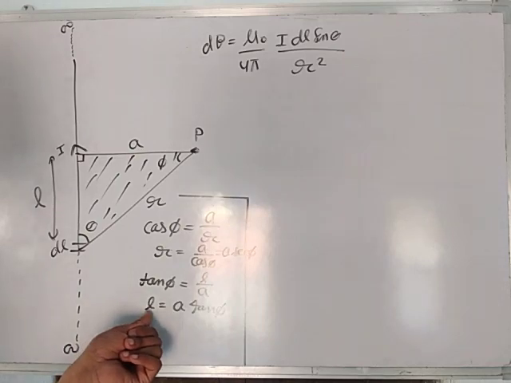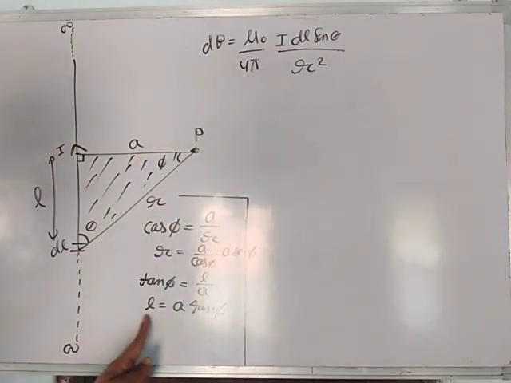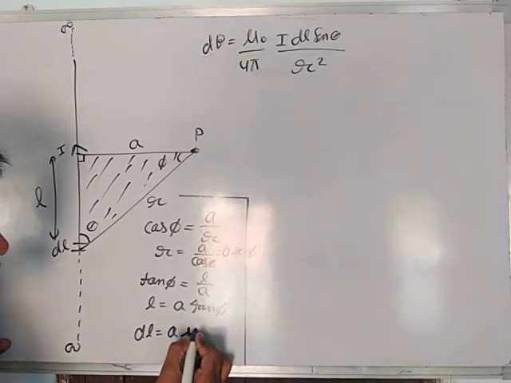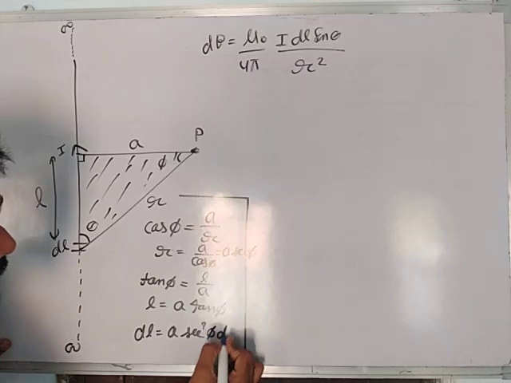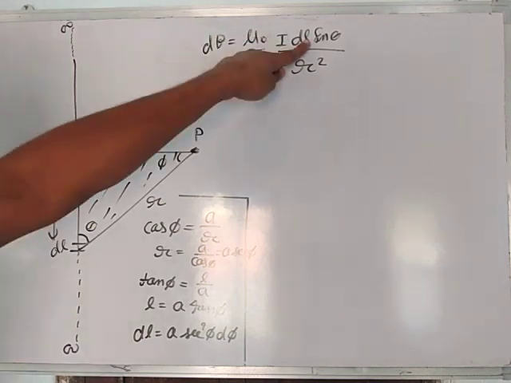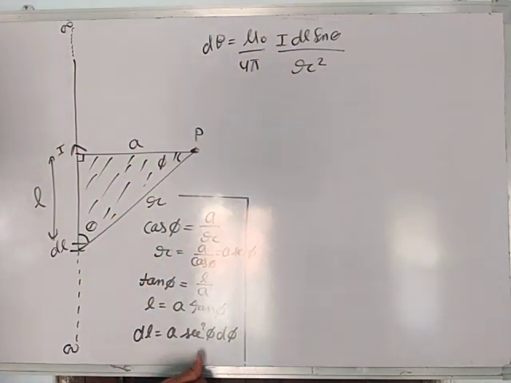This is the L and this is the dl. Then differentiate this expression. You will get dl is equal to A sec square phi d phi, because differentiation of tan phi is sec square phi. Means for dl we will substitute A sec square phi d phi.